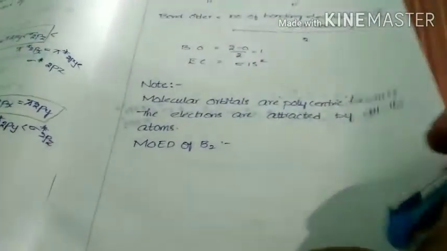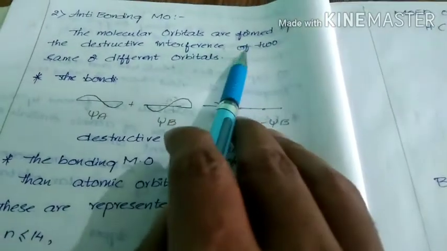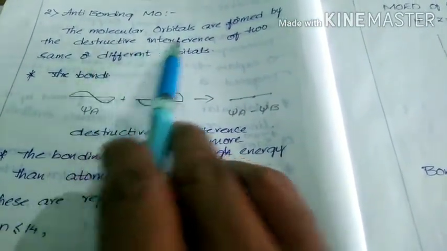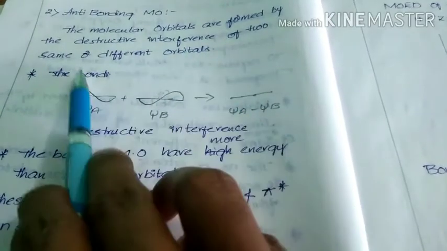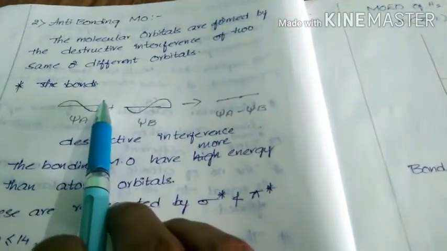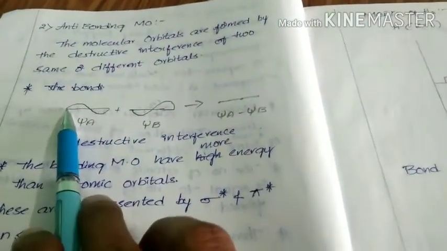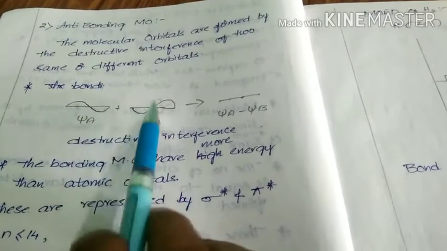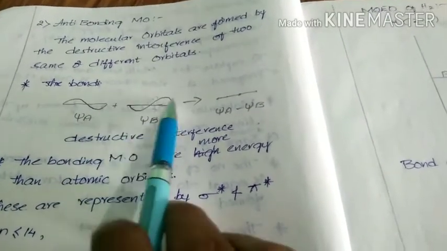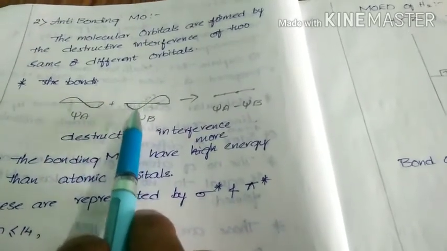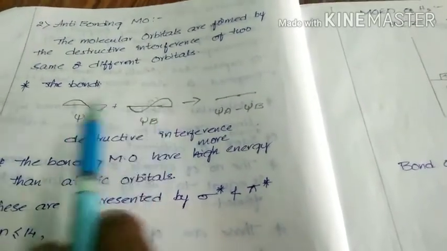Next, anti-bonding molecular orbital. The molecular orbitals formed by the destructive interference of two same or different orbitals. We will see what is destructive interference. See, here the crest is present on the upper side and the trough is present on the lower side, but here first the trough is present, next to it the crest is present.